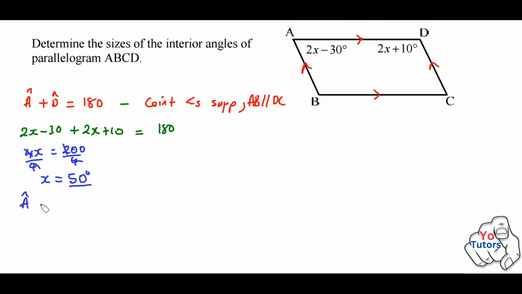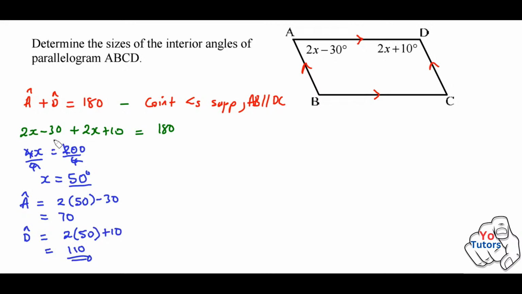A is equal to 2 times 50 minus 30, which gives us 70. D is equal to 2 in bracket 50 plus 10, which gives us 110.